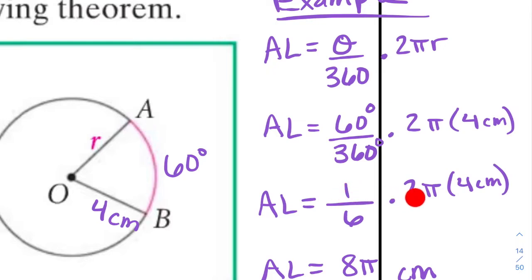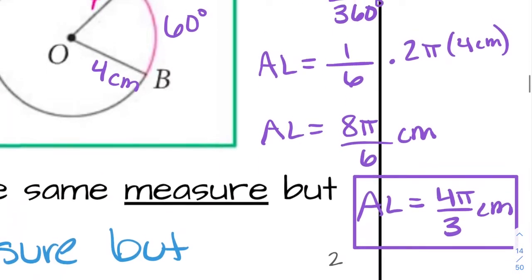So 1 times 2 times 4 is 8 pi over 6, which simplifies to 4 pi over 3. So the length of that arc is 4 pi over 3, which is a little bit more than 4 centimeters, right? So if I came up with an approximate value, it would be 4.18 centimeters.